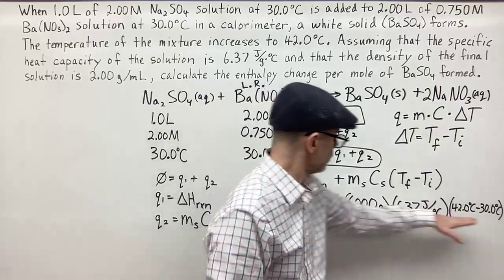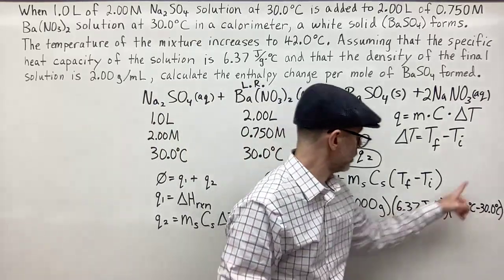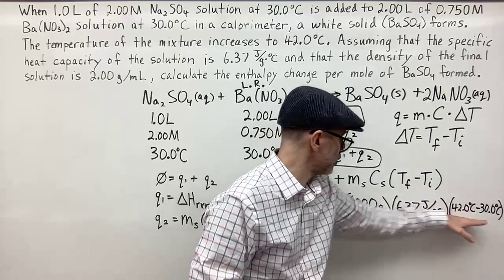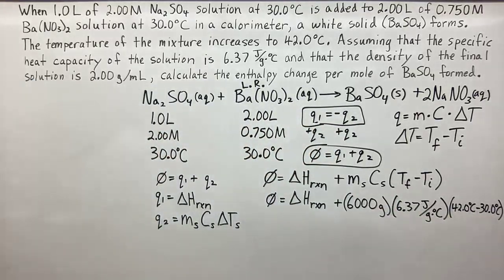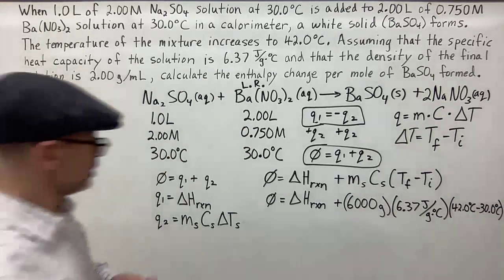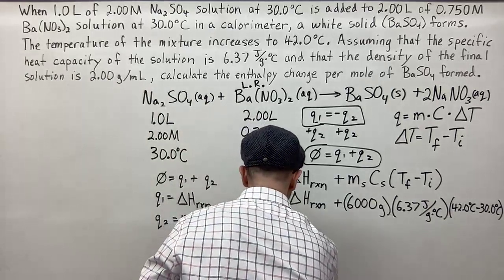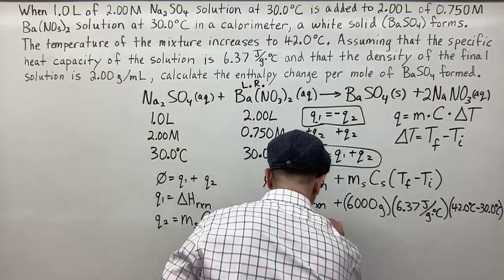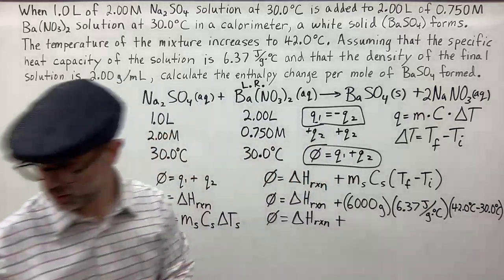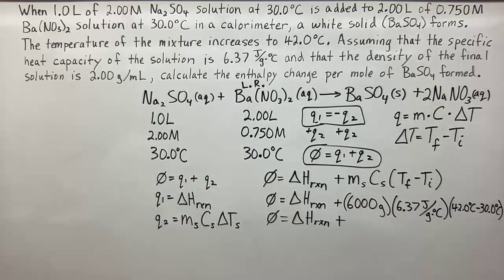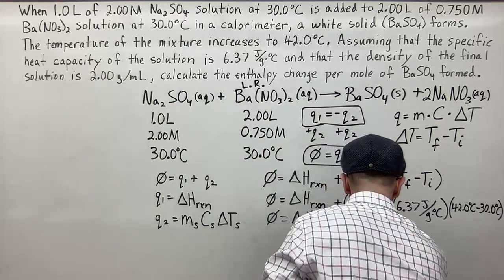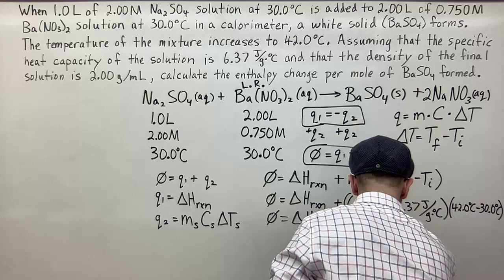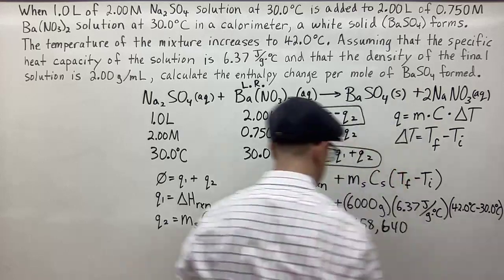So when I factor this out, I subtract this, I multiply this by each other. Then when I get that, I'm going to get 0 is equal to delta H of the reaction plus 458,640.